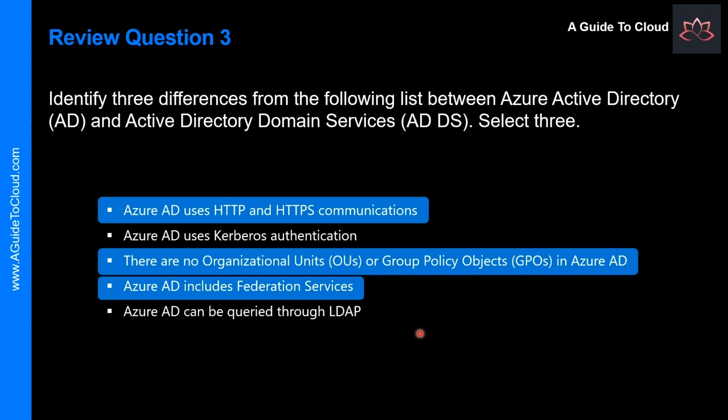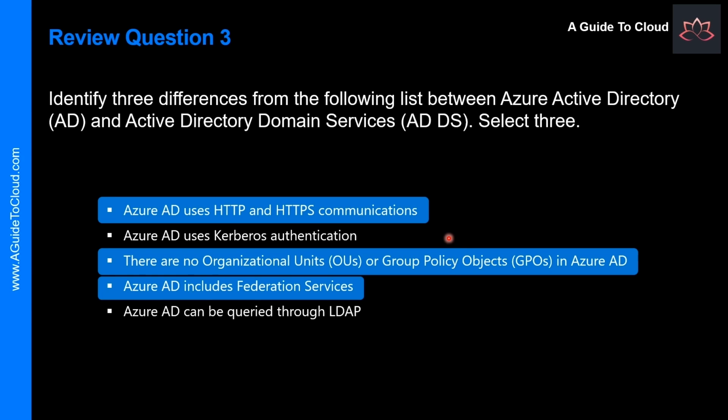So let me tell you some of the several characteristics of Azure AD that make it different from ADDS. Azure AD is primarily an identity solution, and it is designed for internet-based applications by using HTTP and HTTPS communication. Because Azure AD is HTTP and HTTPS based, it cannot be queried through LDAP.